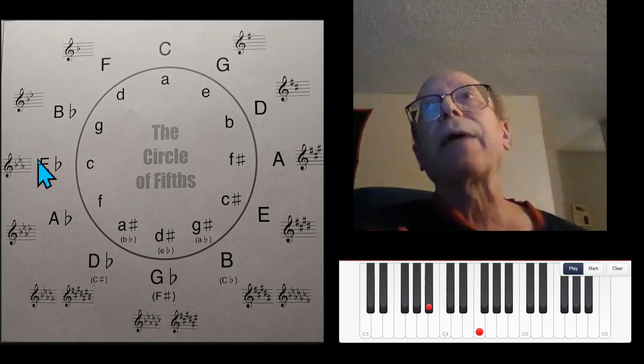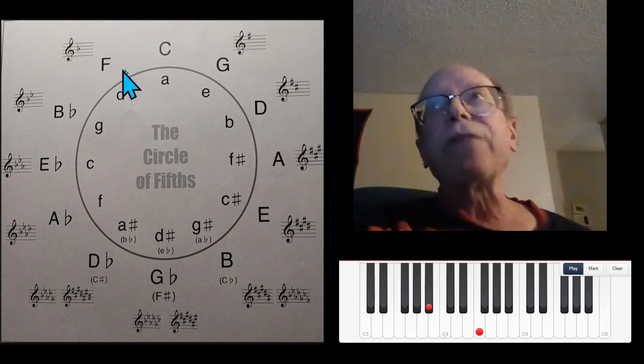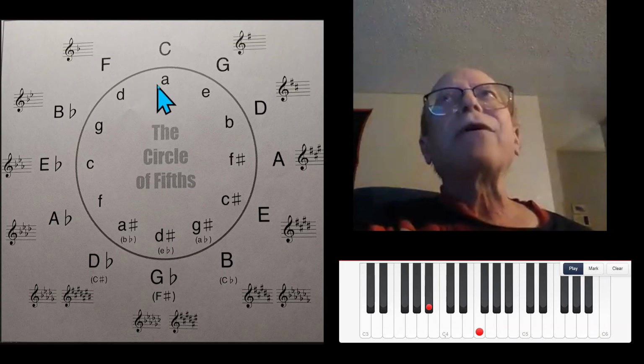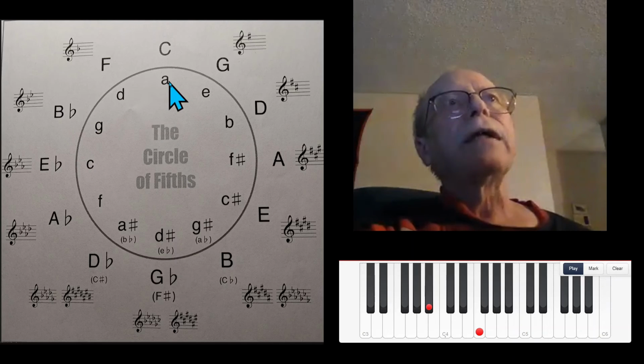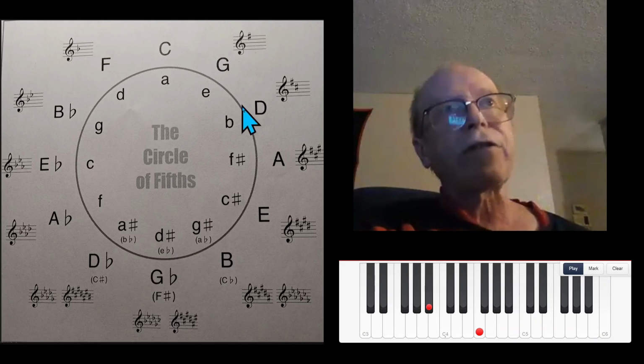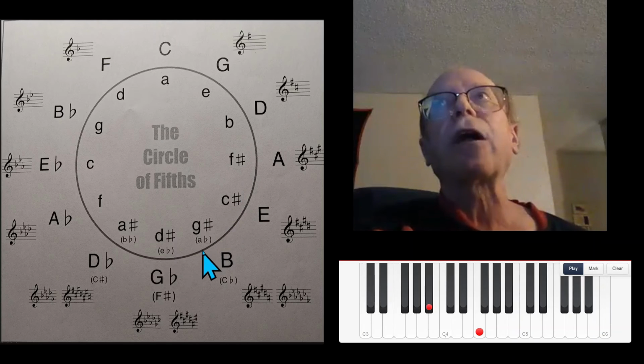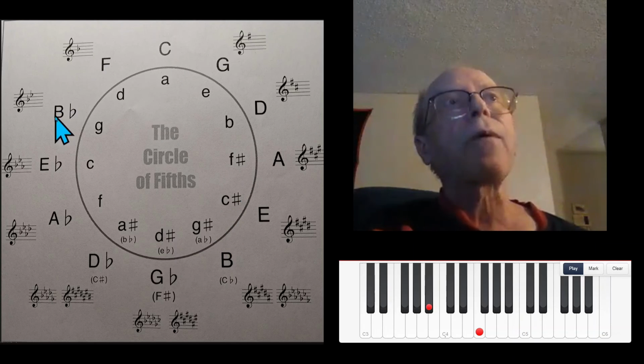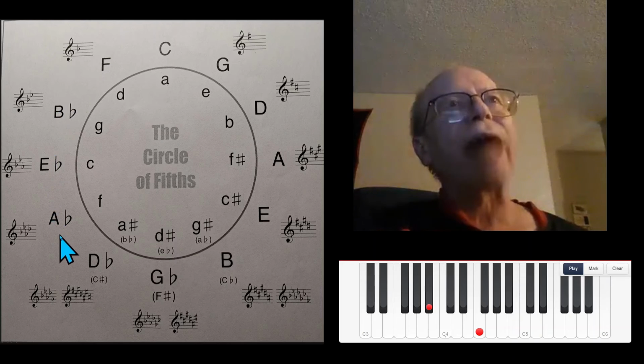And this keeps going around too. It's confusing, I know, but I don't want to get it too confused at all. Just to let you know that this way it goes around, you're adding sharps. If you go counterclockwise, you are adding flats.